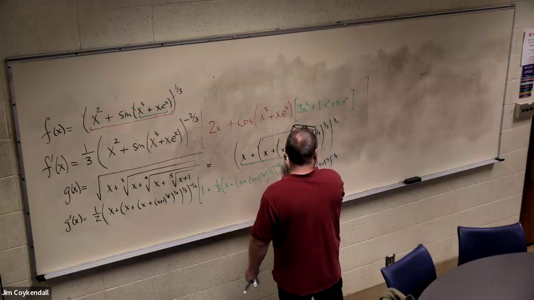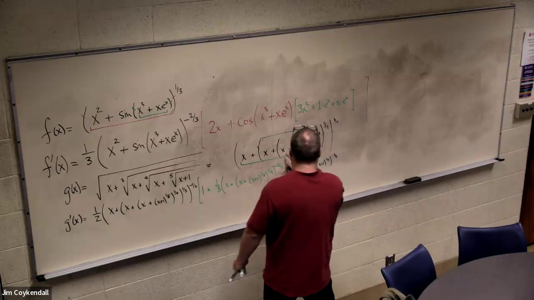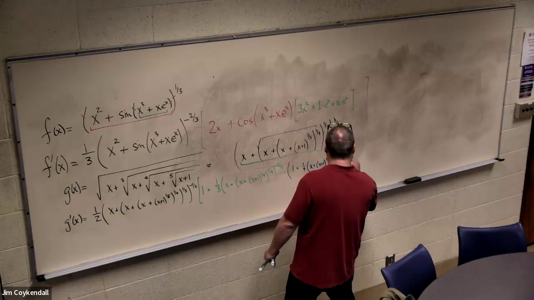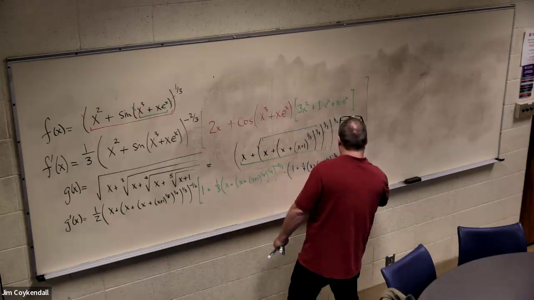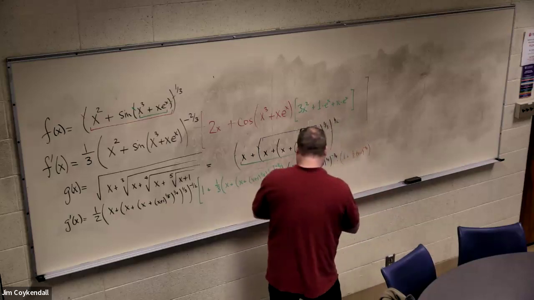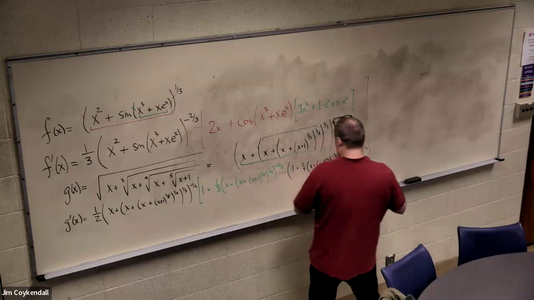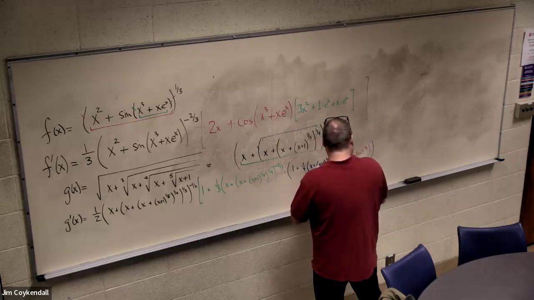And this was a little bit easier, finally, because this is 1, derivative of x is 1, plus 1/5 x plus 1, the minus 4/5. Close that off. Close off blue. Close off green.